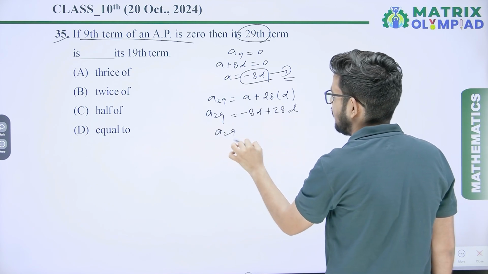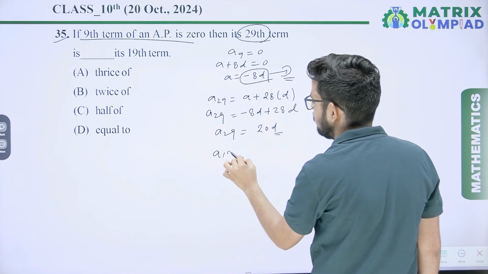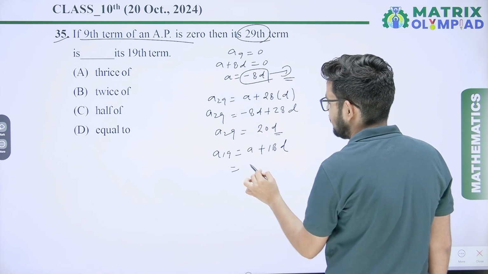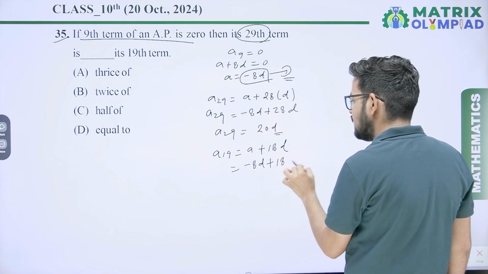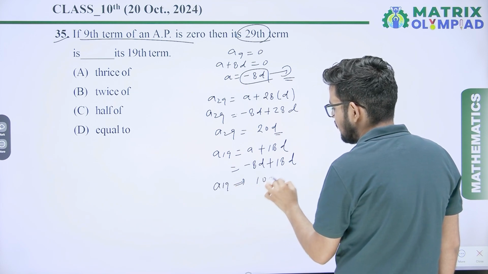So A29 equals 20D. Similarly, find its 19th term, you will get A plus 18D, and with A equal to minus 8D plus 18D, A19 will be 10D.